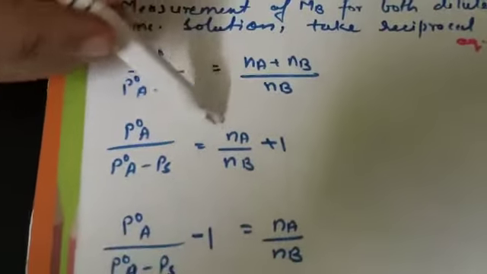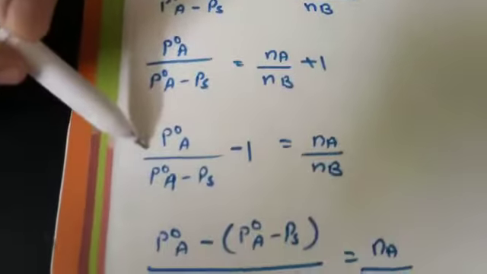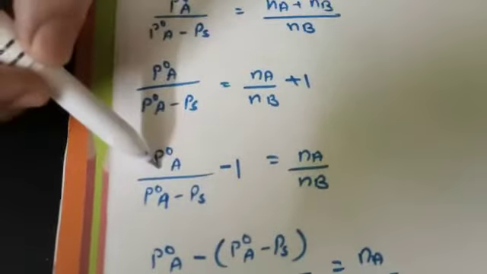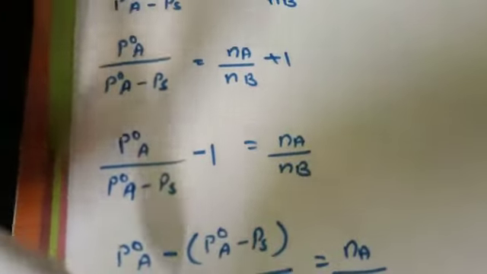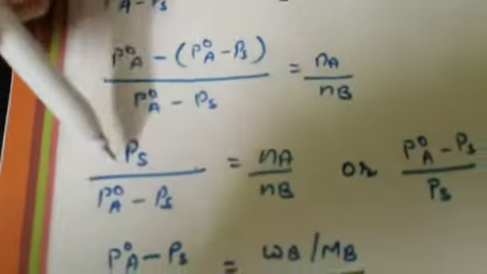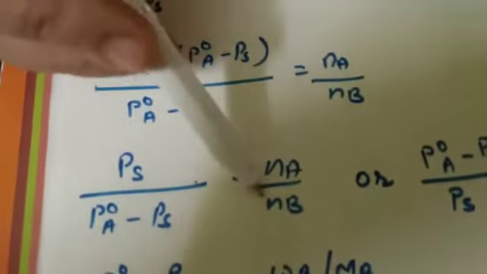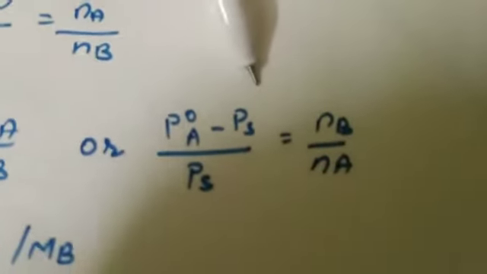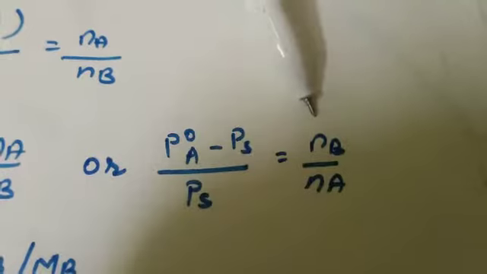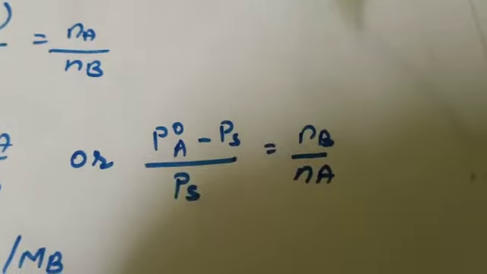Now by solving this equation, the 1 is shifted to this side. Later on I got the final equation, that is Ps upon (P°A minus Ps) equals Na upon Nb, or we can also write it down as (P°A minus Ps) upon Ps equals Nb upon Na.